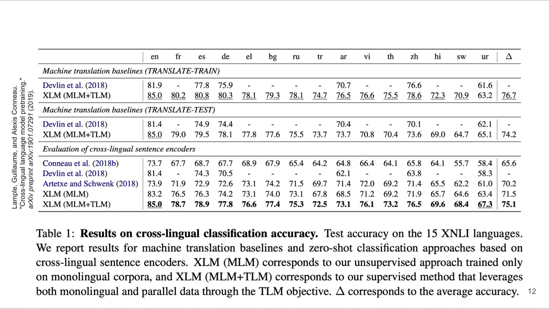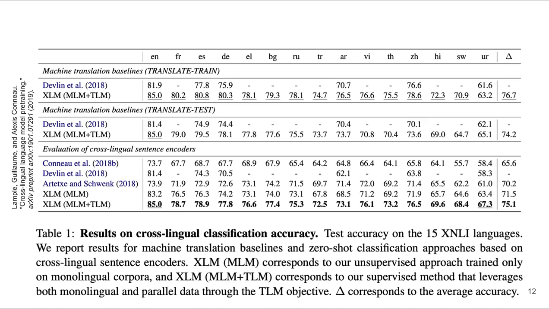All right, let's look at table 1, which shows the XNLI benchmark on 15 different languages. XNLI covers machine translation baselines and zero-shot classification using cross-lingual sentence encoders.